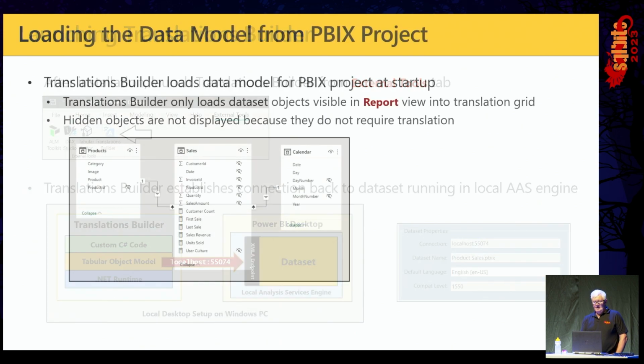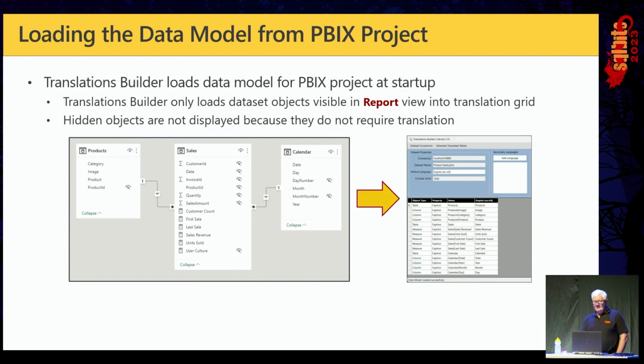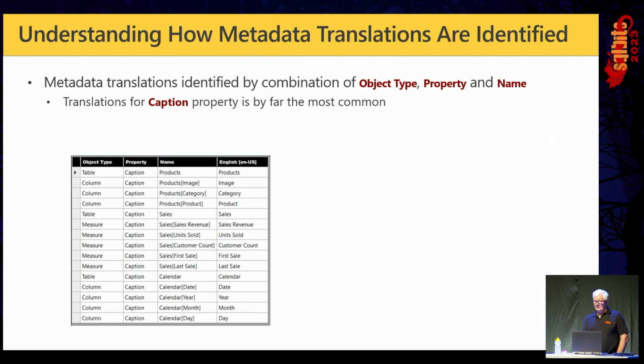Now, once again, it loads the data model, and it only loads things that are visible to the user, that are public. And what you can see is that for every translation, I've got this way to identify them, by what is the object type, what is the property, and probably it's all going to be caption, unless you want to use some of those other properties inside.